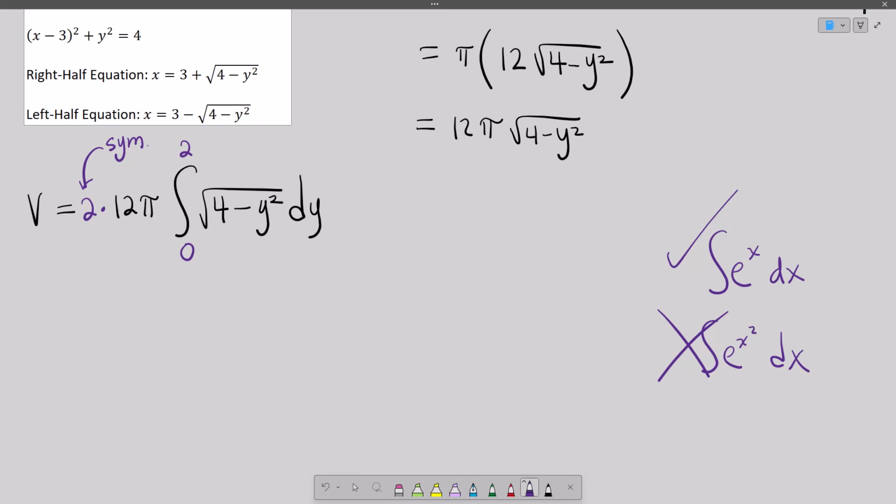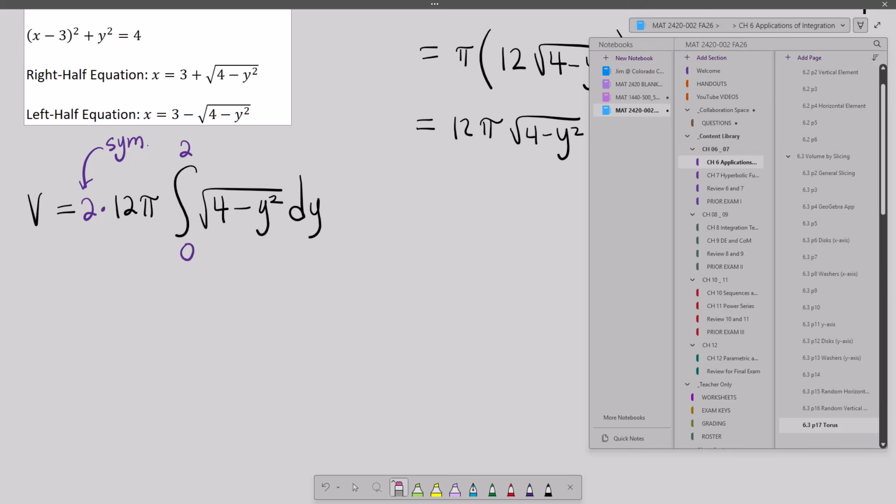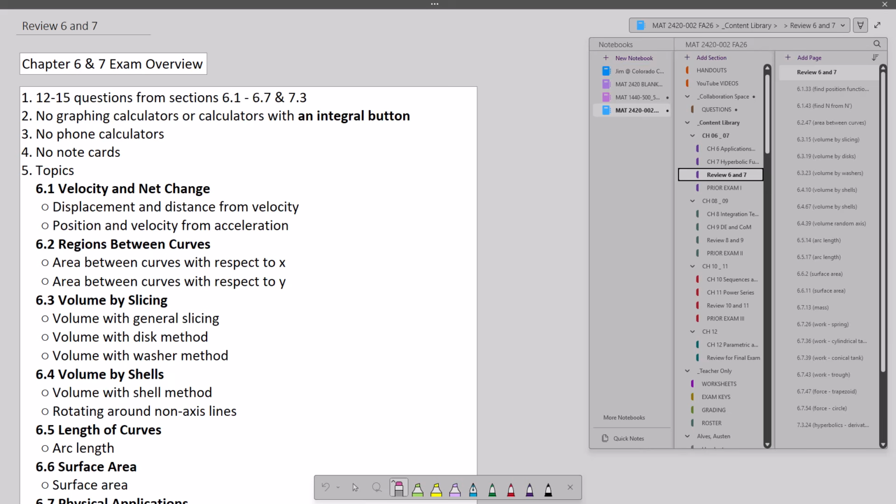Now, the next thing, it's kind of tricky, is that an integral represents a geometric idea. And I created a handout that I'm forgetting if I put it, I think I put it in this review here, right here.